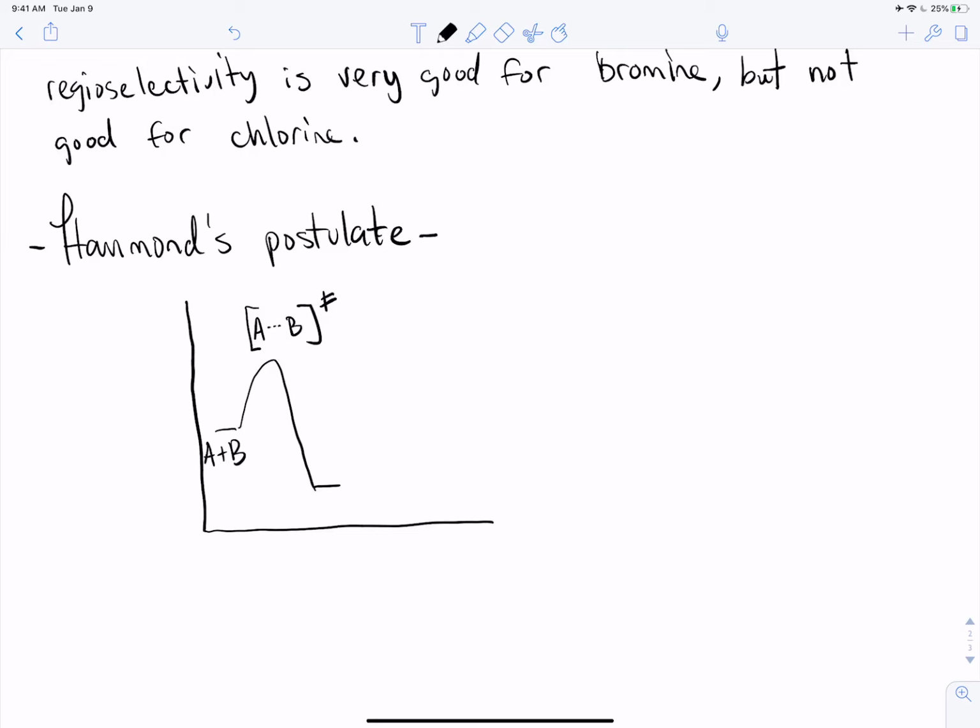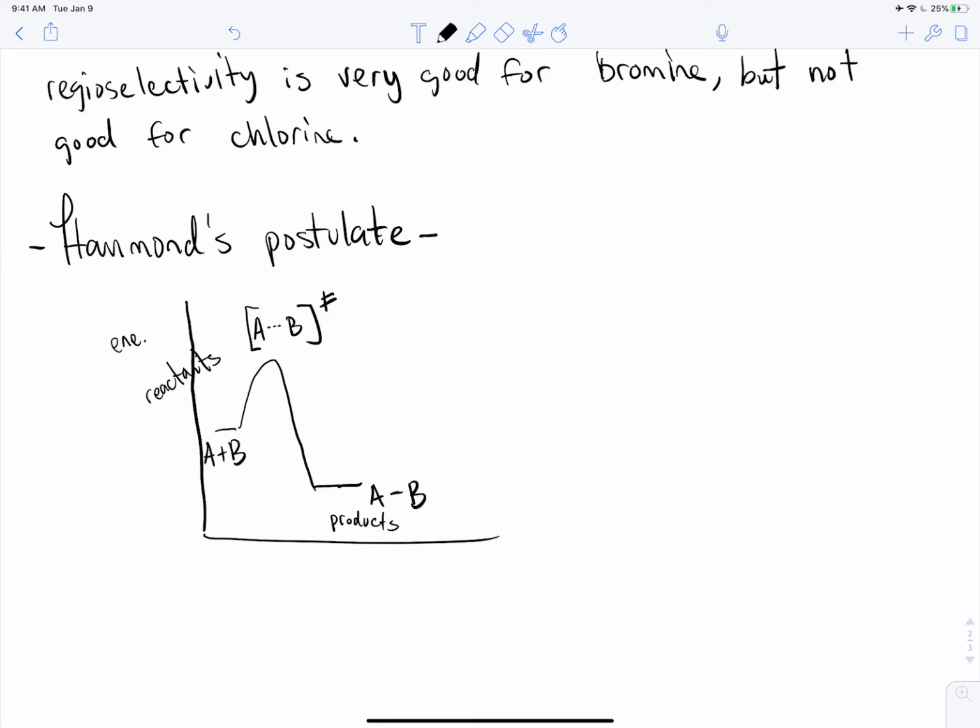So let's say you're taking A and B and mixing them together and trying to form a bond between them. So A and B are just imaginary atoms. I'm trying to form AB. So this is our products. Okay. These are our products down here. And these are our reactants, naturally.